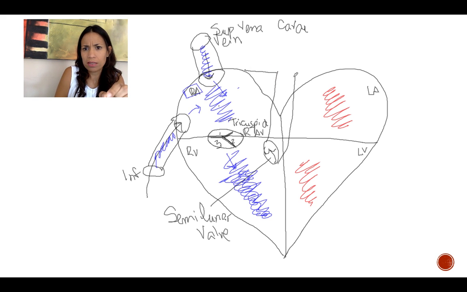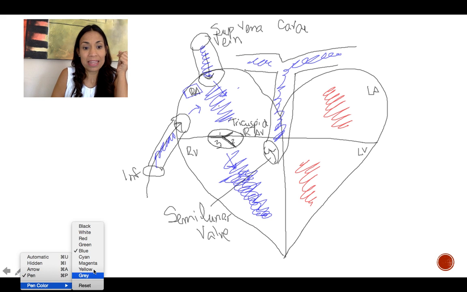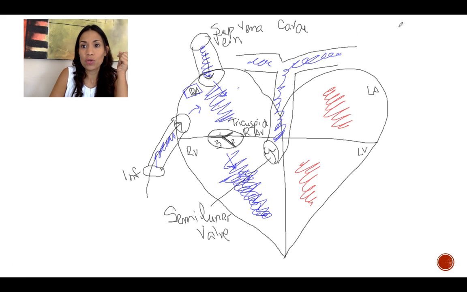So what is this? Is this a vein or an artery? It's an artery, okay? And this artery, so I want to make my point, is carrying deoxygenated blood. So it's a blue artery, okay? And that artery is going to the lungs.